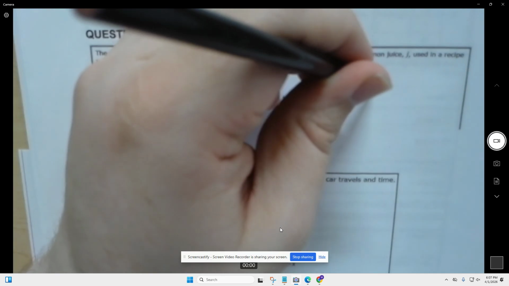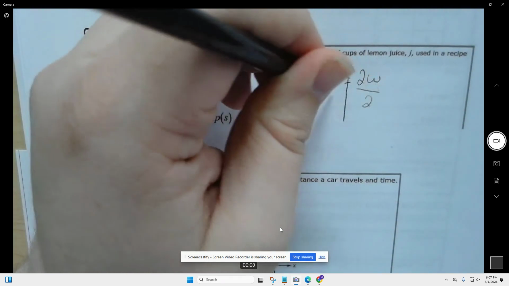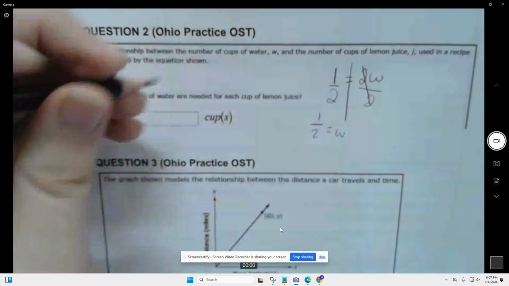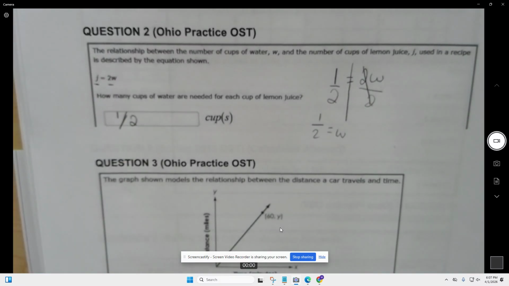You would need to get W by itself. You would do that by dividing both sides by 2. So you would actually have 1/2 equals W. You only need 1/2 of a cup of water for each cup of lemon juice. Do not just fall for the trick of putting in 2.